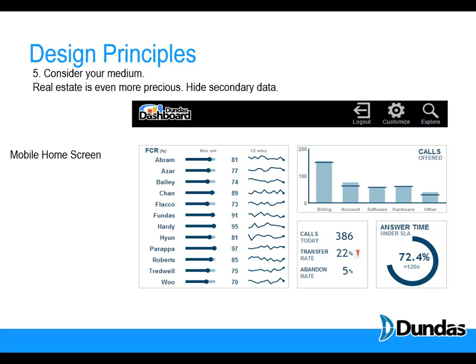So in our case in Dundas, we introduced a mobile home screen where instead of building a giant dashboard, we prepare a set of small tiles, and each one of these small tiles is really condensed information, summary metrics, and in our platform you can click on it and move to a bigger dashboard. But really think about how much you're going to present on a single screen, how much is an actual decision driver.